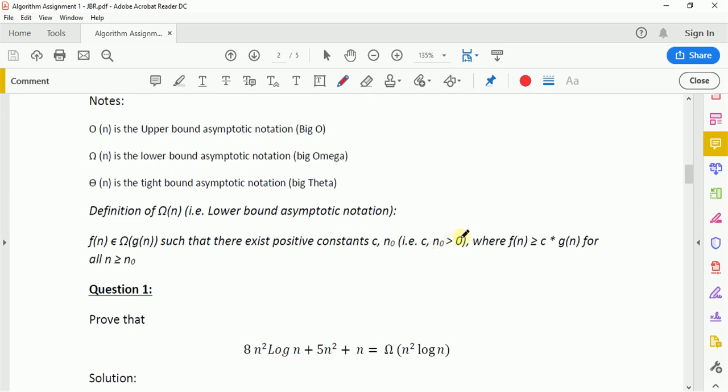It means the same thing. Where f of n is greater than or equal to a constant c times g of n for all n greater than or equal to n0. Now this looks a little bit complicated and funny, but it's plain English.